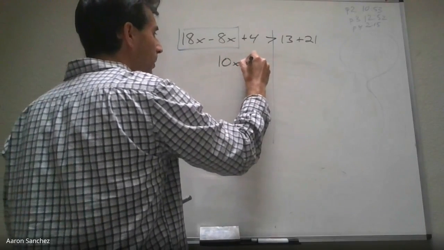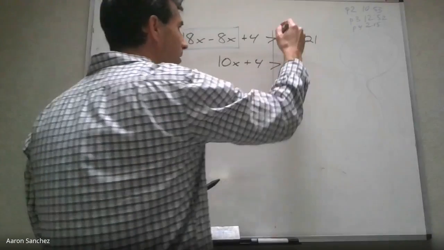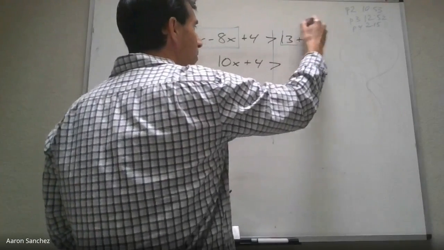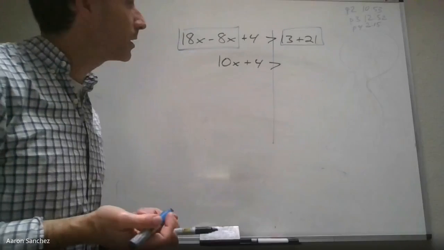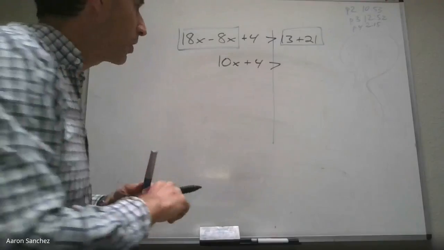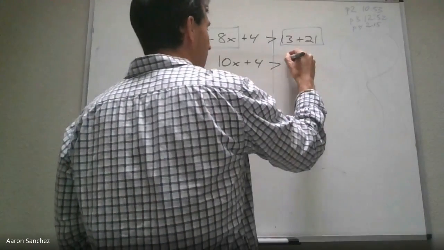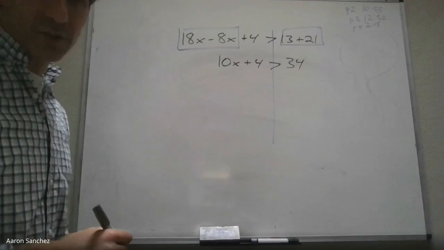No problem. Put the 4 here. And then I can also combine this. On this side of the equal sign, just combine those. 13 plus 21, they're on the same side. 13 plus 21 is 34. And now look at that. Boom. Such an easier equation to solve.